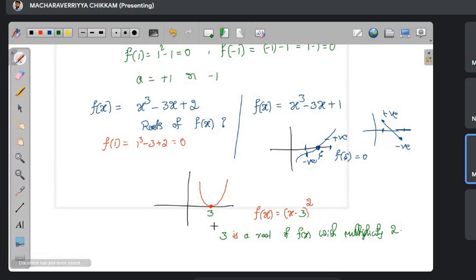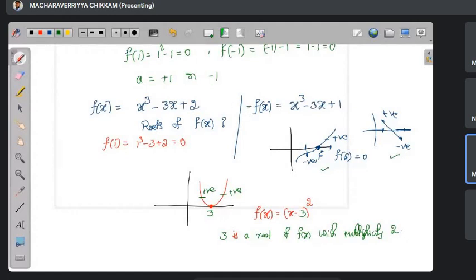But in this case, you see it is not going from positive to negative or negative to positive. The left side is also positive and the right side is also positive. So in this situation, the intermediate value theorem may not help us. But whenever we have these two kinds of situations, the intermediate value theorem will help us.